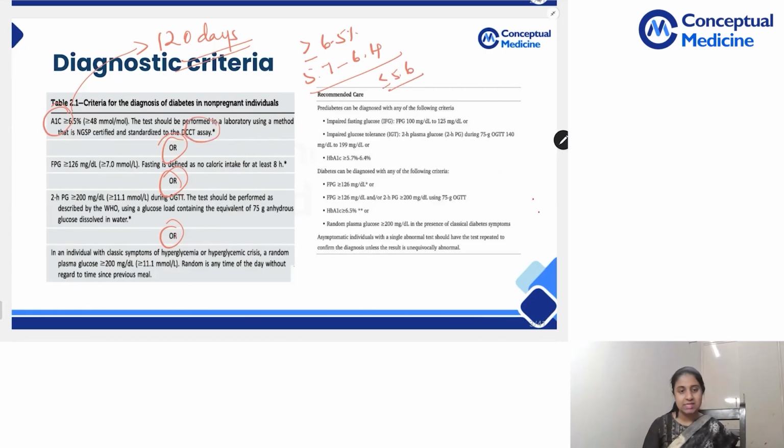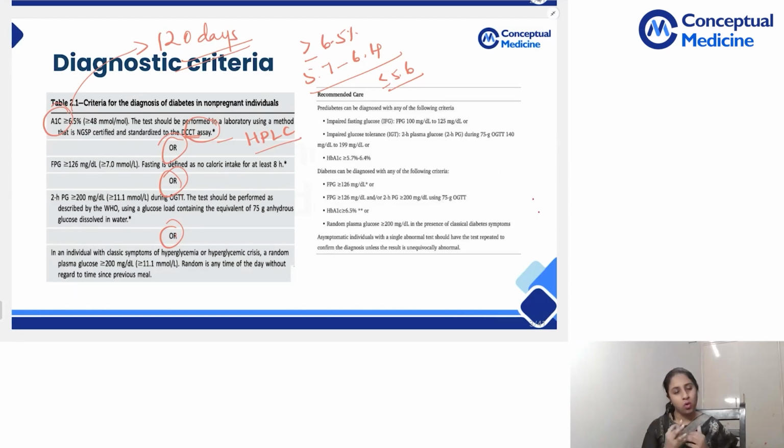How is it even arrived at? It is according to the DCCT assay. This was one bigger trial, a landmark trial in diabetes, the Diabetes Control and Complications Trial. In that trial, they did HbA1c using a gold standard method called HPLC, high performance liquid chromatography, where this particular HbA1c is categorized according to the charge.